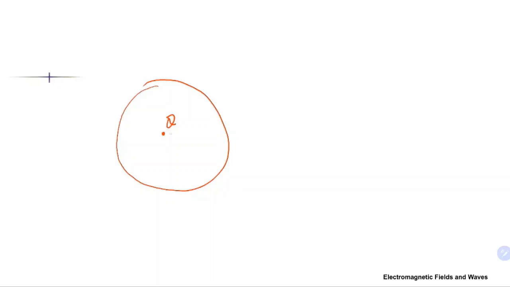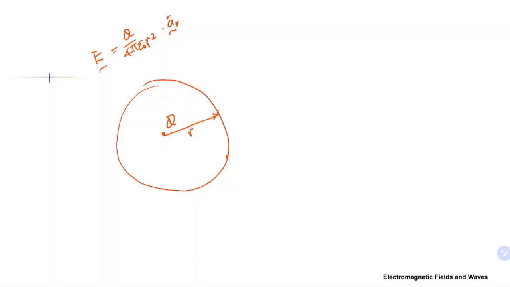So earlier on, when we studied Coulomb's law, we know that E is equal to Q over 4 pi epsilon naught R squared. That is what we have learned earlier on. So in this case, on this surface, every point on this surface, R is the same.